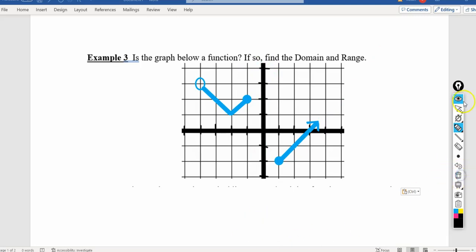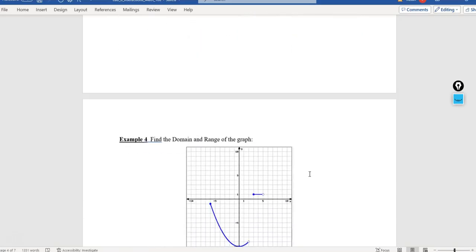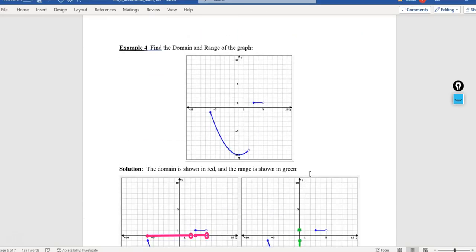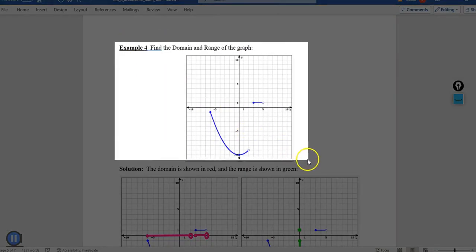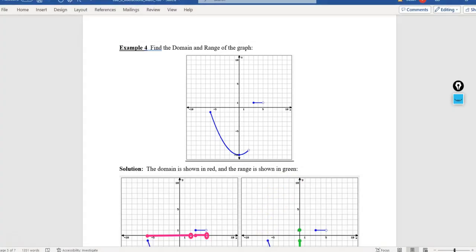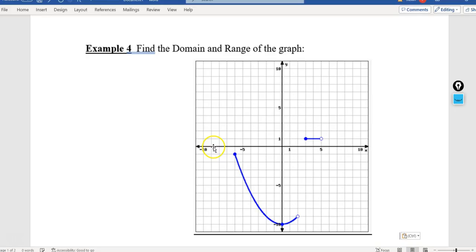So again, let's check this. Okay, so that's what we drew here. And now let's go on to example 4. So we can say goodbye to that one.